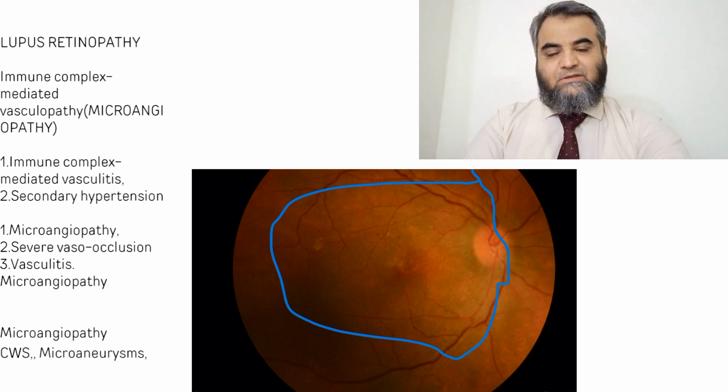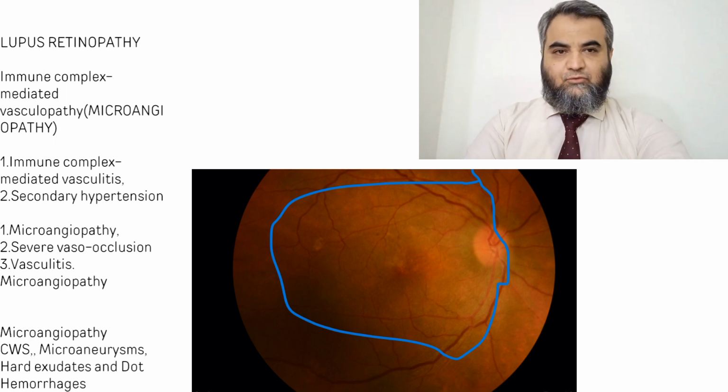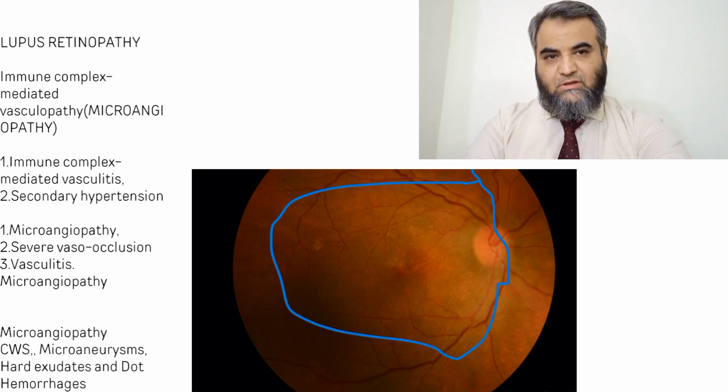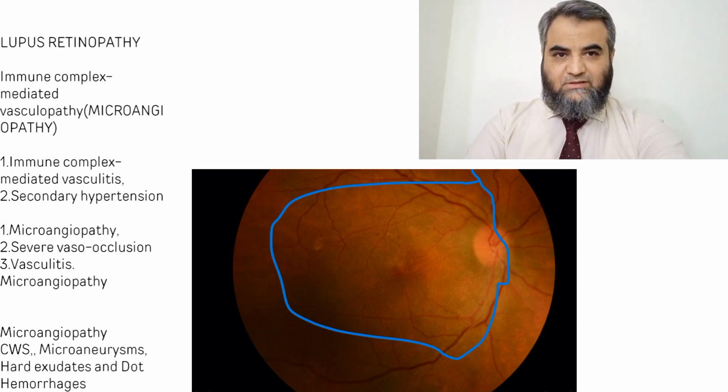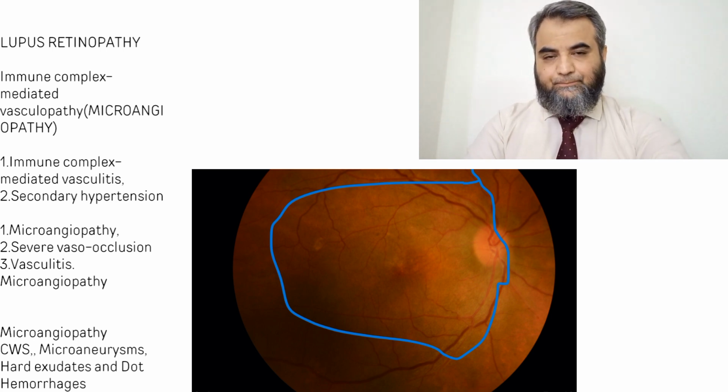Lupus retinopathy is an immune-mediated vasculopathy, and it may cause microangiopathy, microvascular occlusions or vasculitis. All these things can happen in this disease.